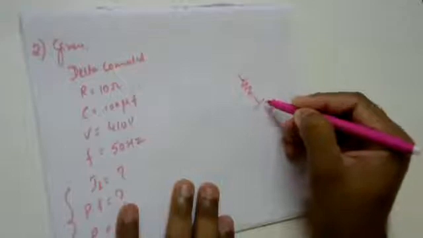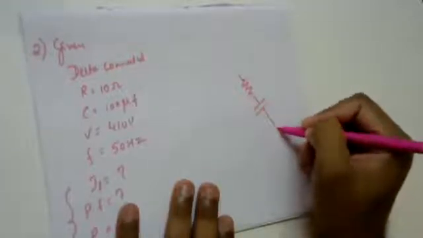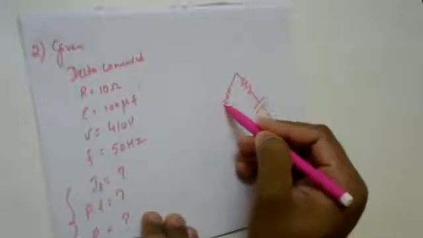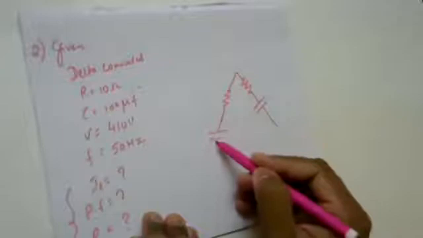Okay, so we'll try to replicate this given data in terms of a circuit diagram. Since I'm having R and C, and the load is in delta, I need to build a circuit wherein I have a resistance in series with the capacitance. Here also I have a resistance in series with the capacitance.